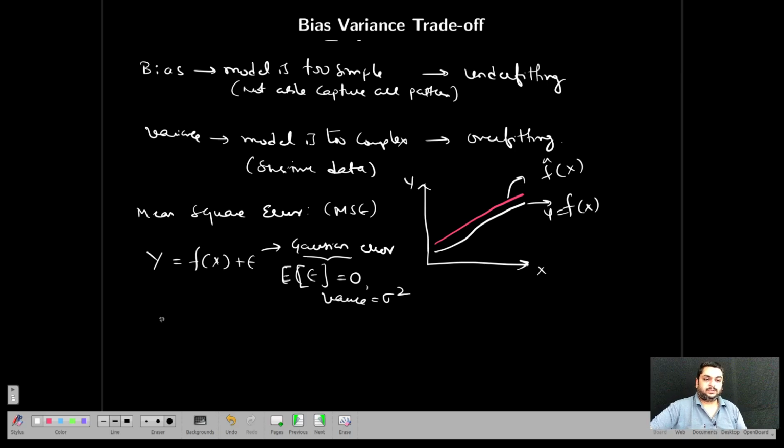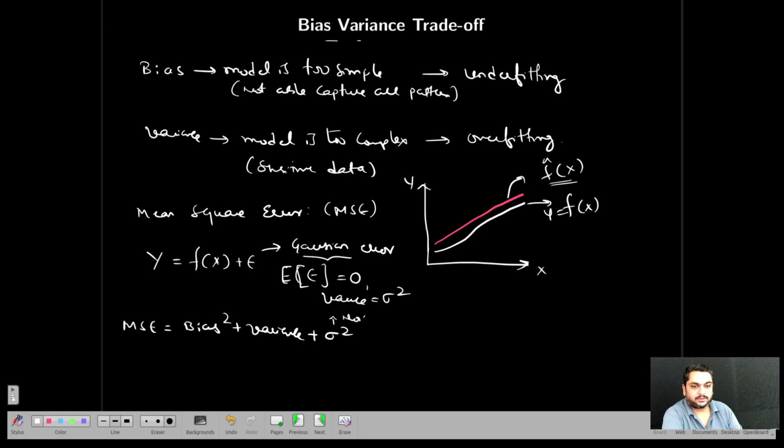Now we know the MSE, we can derive it. It is equal to bias square plus variance plus the variance of the random noise. This term we also call noise or random error. So it's always inherent. How will you write the bias square?